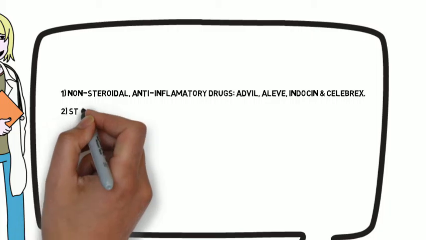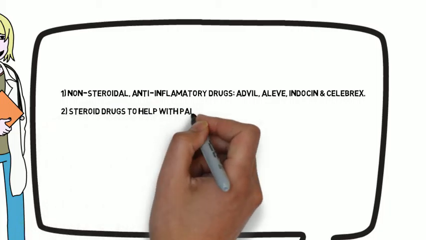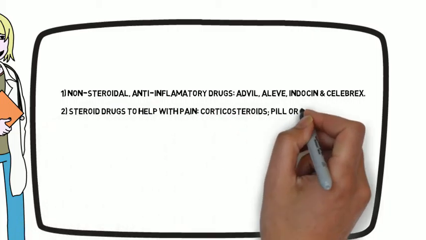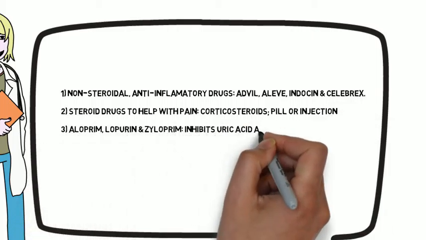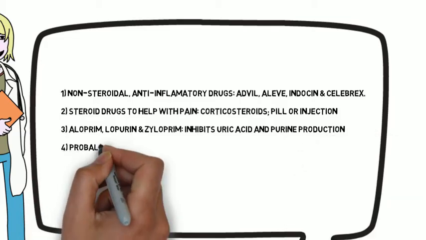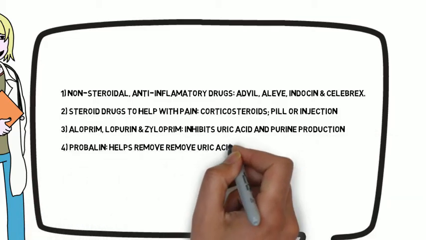Then there are steroid drugs such as corticosteroids, which can be in the form of a pill or injected. These help decrease pain. Other clinical medications include allopurinol and Zyloprim, which may be prescribed to inhibit purine.